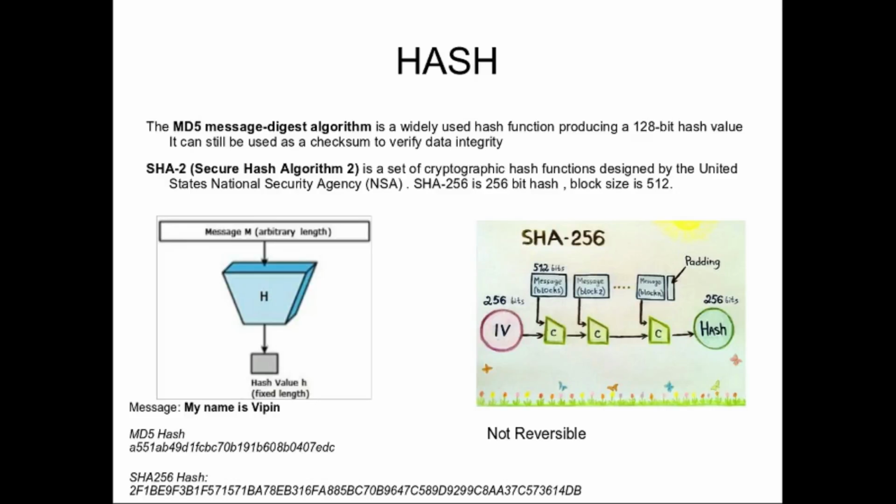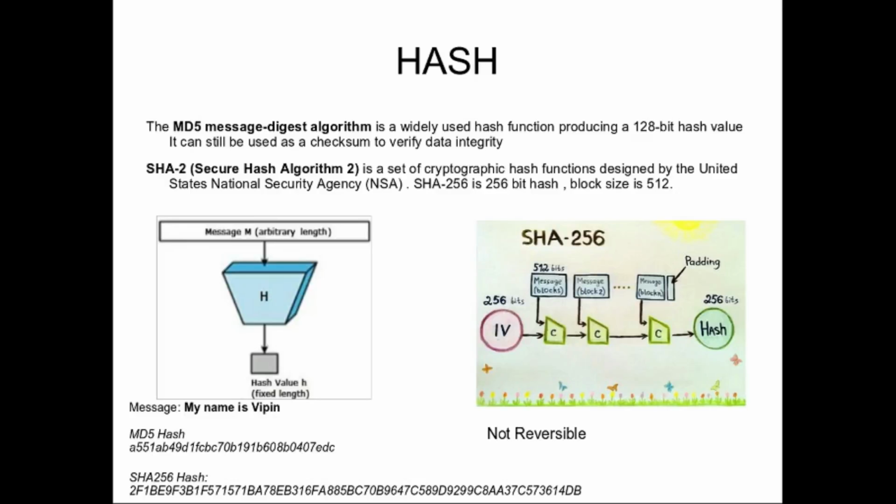If we are short of some bits for a 512-bit block, we just pad it with zeros, make it a 512 block, and continue. So at the end we get a 256-bit output, and that is our hash with SHA-256. And just to remind you, a hash is not reversible.